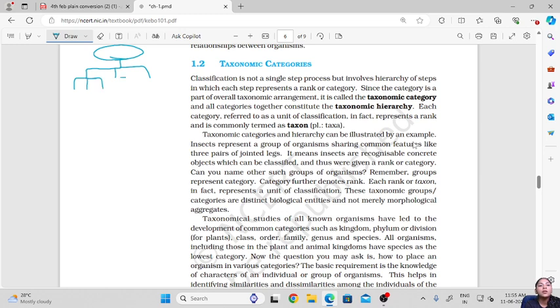Then each group will further have more divisions and so on. This will form a hierarchy, and there will be different ranks formed. So this is a hierarchy of steps, and each step will represent a rank or category.